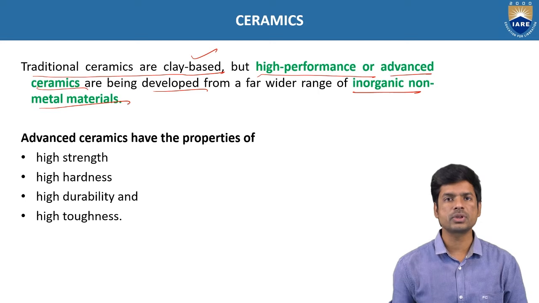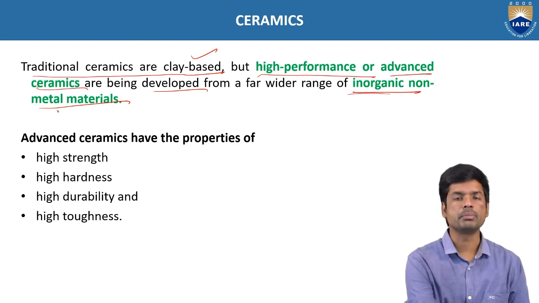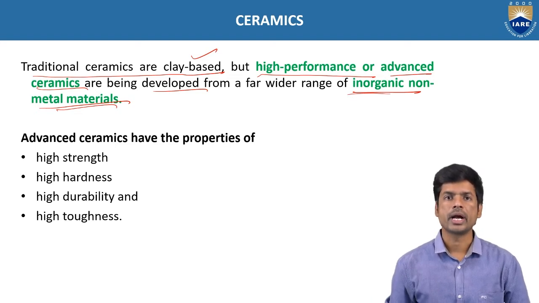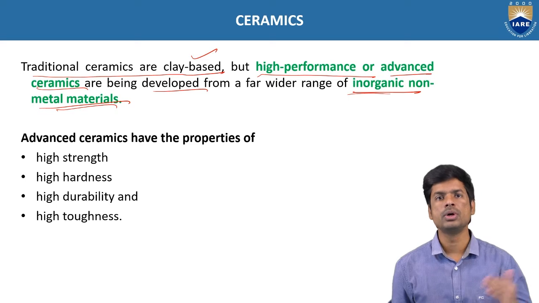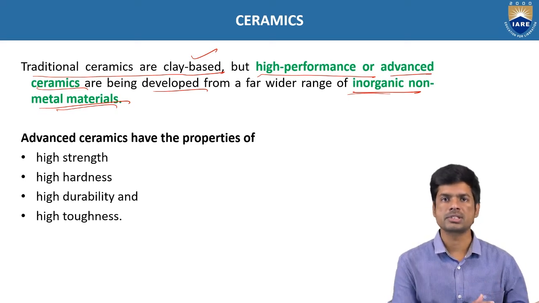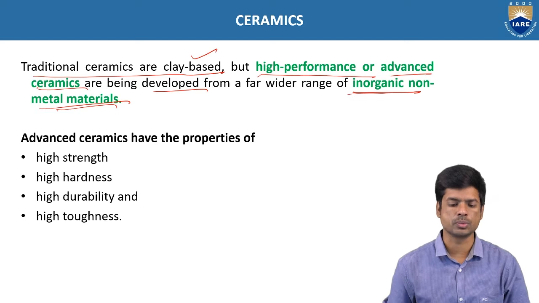By using these materials, we develop advanced ceramic materials, compared to the olden days' clay-based ceramics. When you compare clay-based ceramics and advanced ceramics, the strength varies between these two materials.